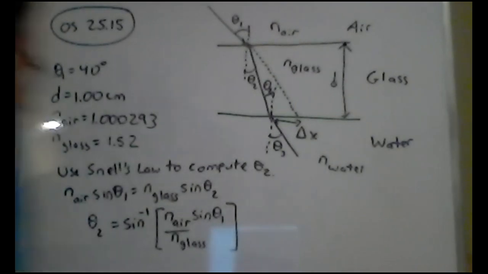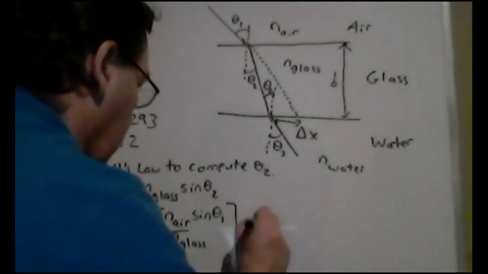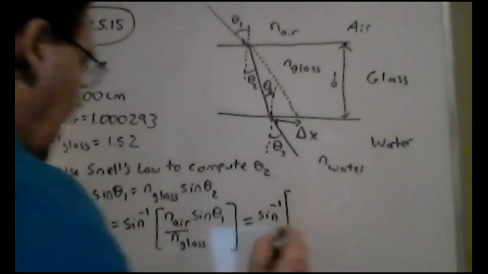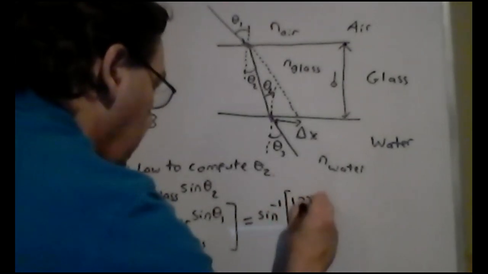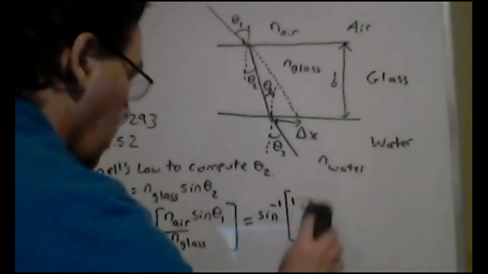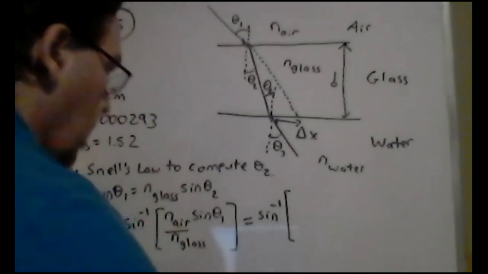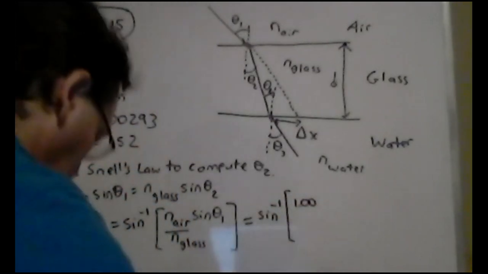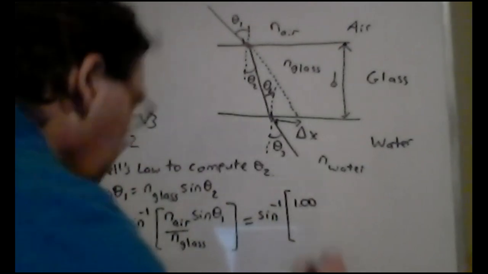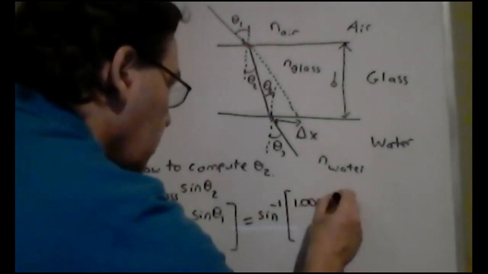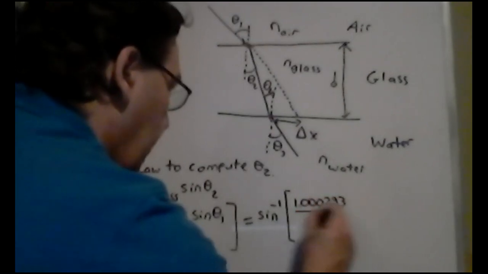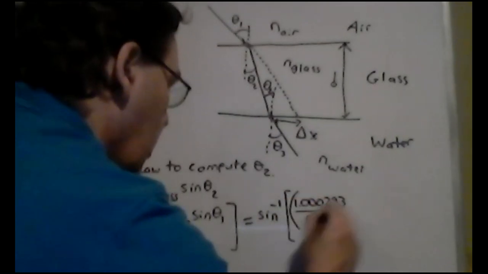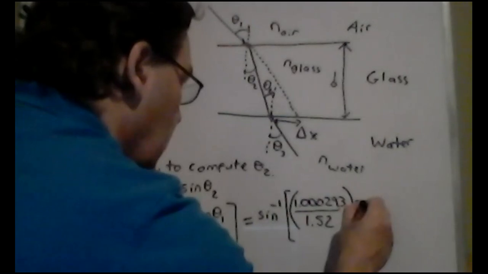Now I can plug in values, and so I get the arc sine, or the inverse sine, of N air, which is 1.000293, divided by N glass, which is 1.52, times the sine of 40 degrees.